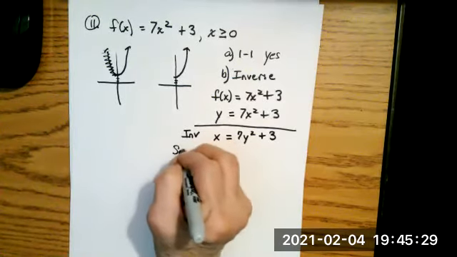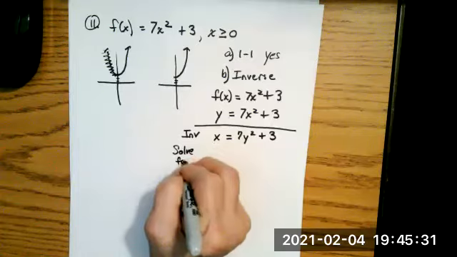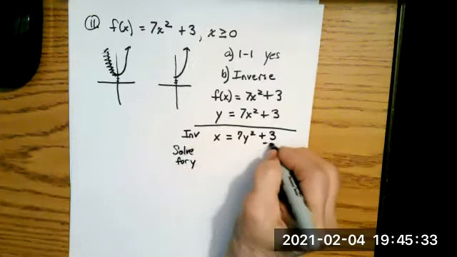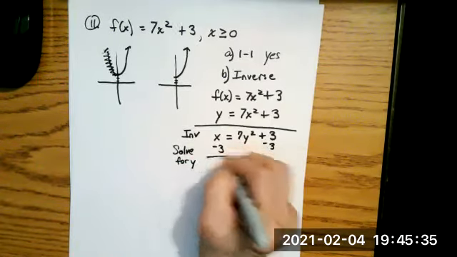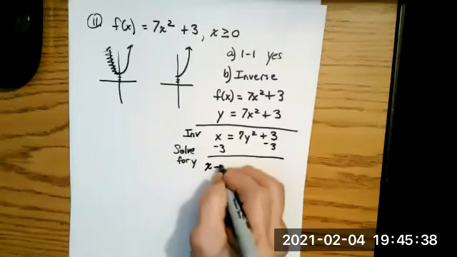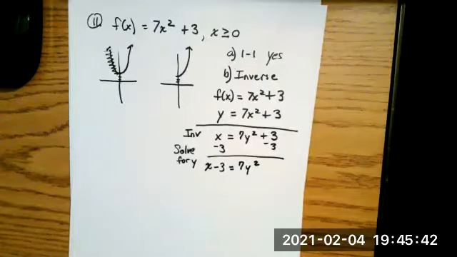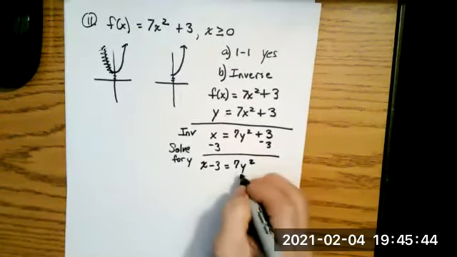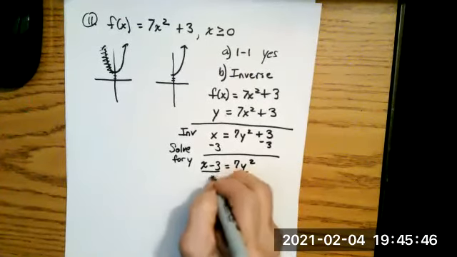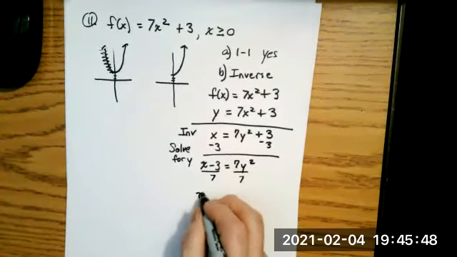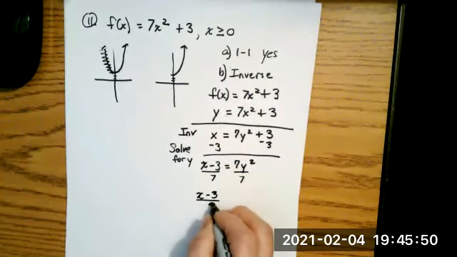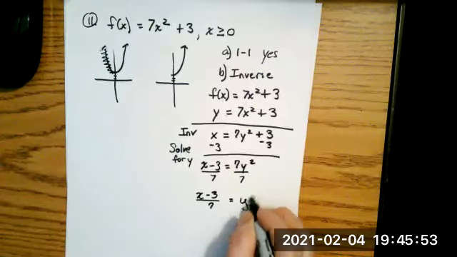Now I'm going to solve for y. So I'm going to subtract 3 from both sides, and I'll have x minus 3 equals 7y squared. I need to get rid of the 7, so I'm going to divide out the 7. And I have x minus 3 over 7 equals y squared.